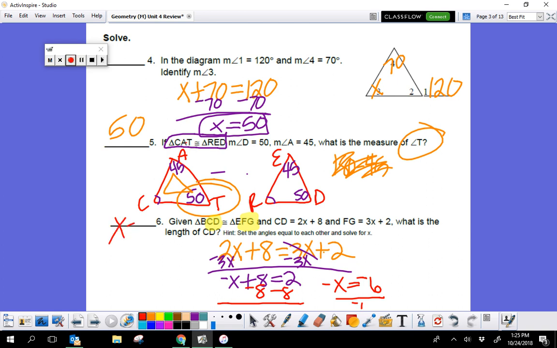And so x is equal to 6. Okay. It does want to know the length of CD, so just make sure that you actually answer the question and you don't just find x and be done with it. And so it says CD right here is 2x plus 8, so it's going to be 2 times 6 plus 8. So that's 2 times 6 is 12, plus 8 is 20.